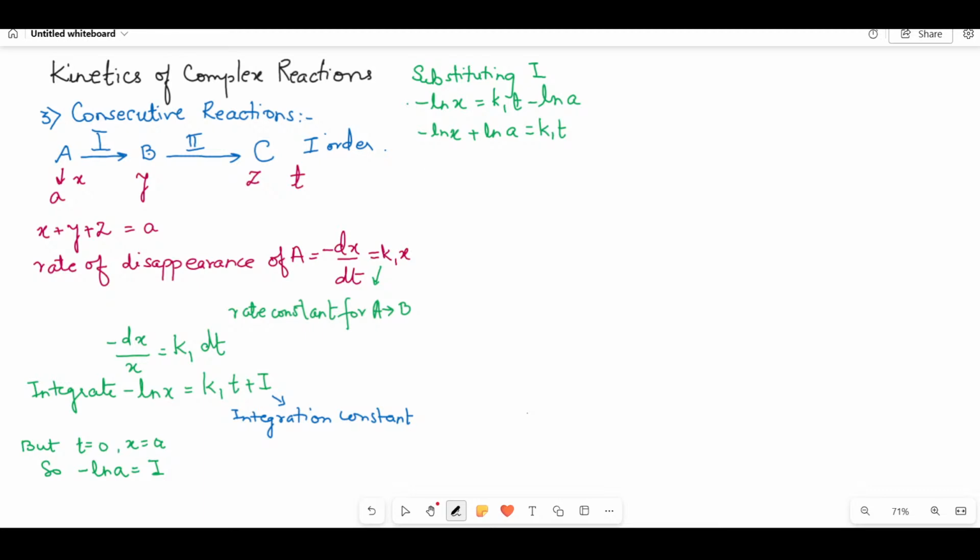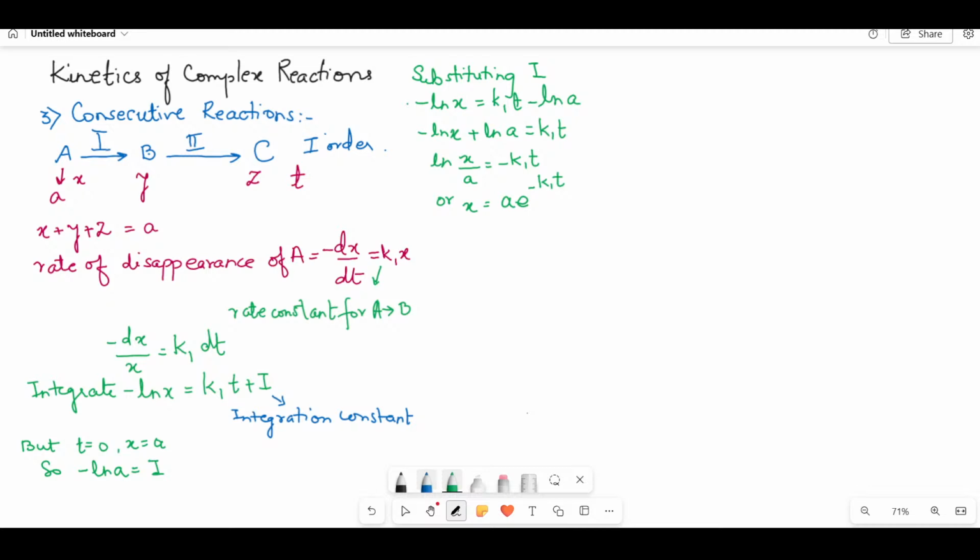This is negative, therefore we can say ln of A by ln of x will be k1t, or we can say ln of x by A is equal to minus k1t, or we can write it as x is equal to A e raised to minus k1t.